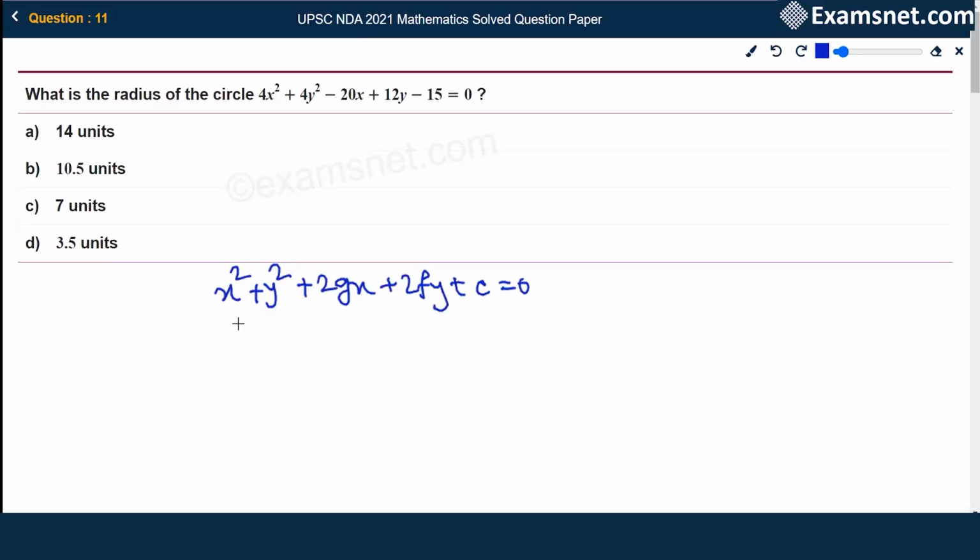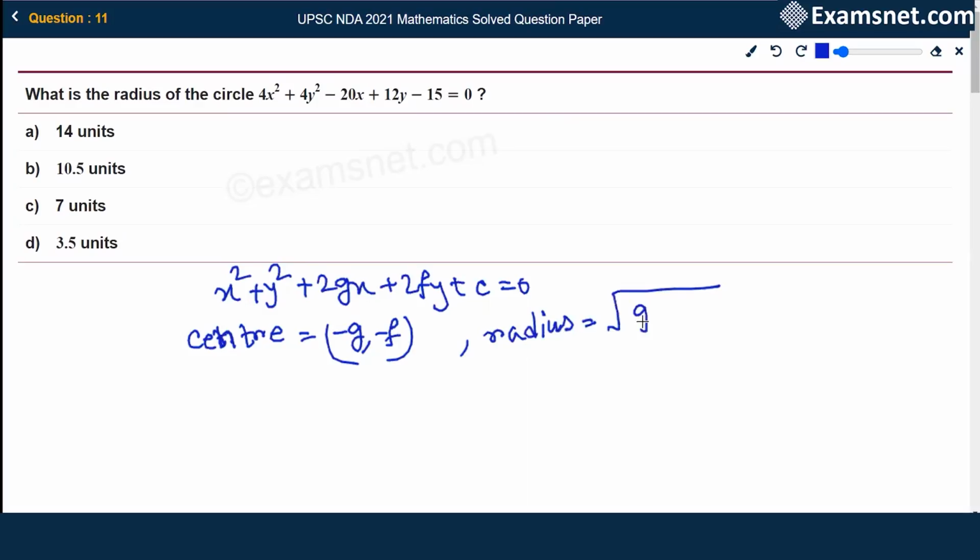From this equation, we can conclude that the center of the circle is (−g, −f). And the formula for finding the radius is the square root of g² + f² − c.